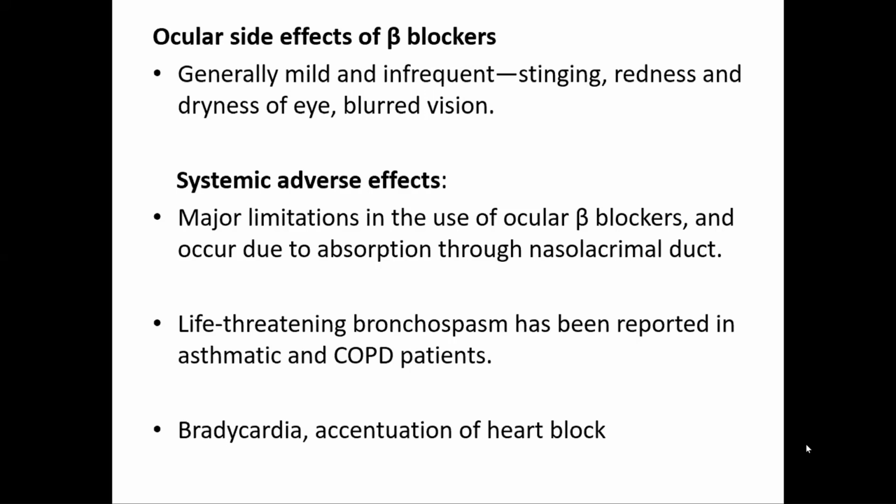So when the beta 2 receptors that are present in the bronchioles are blocked, it will cause bronchospasm, it will cause bronchoconstriction, and then they can cause bronchospasm leading to asthma attacks. It can also affect the heart by the blockade of the beta 1 receptors in the heart.